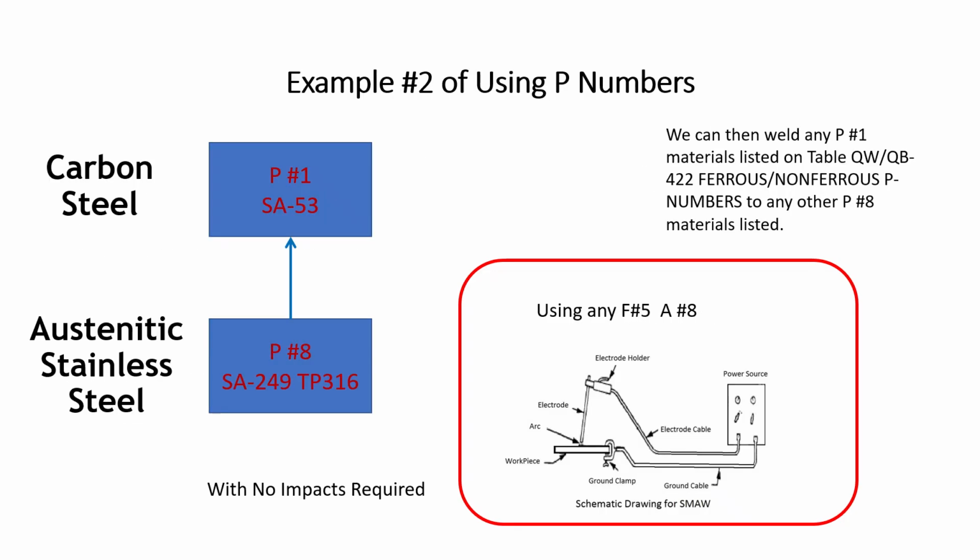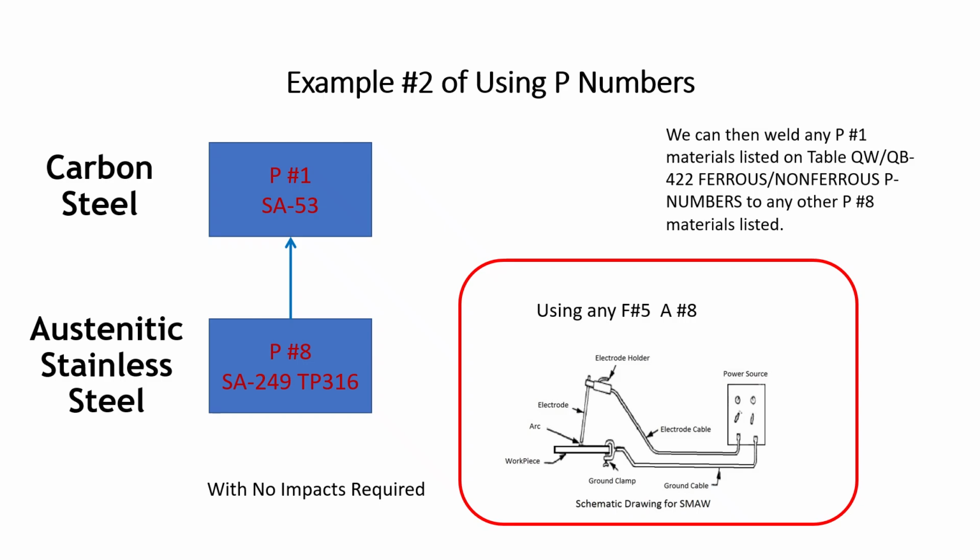Let's try one that's just a little more complicated. How about we use a P1 carbon steel to an austenitic stainless steel? So we're going P1 to a P8. And let's use an F5A number 8 filler material. We're going to stick weld this because, well, Gary stick welds better than he does other stuff.